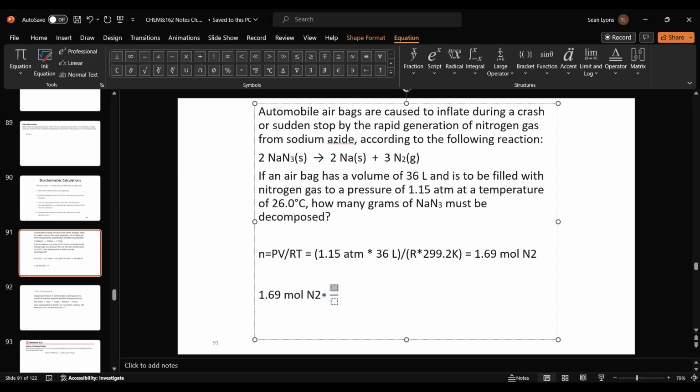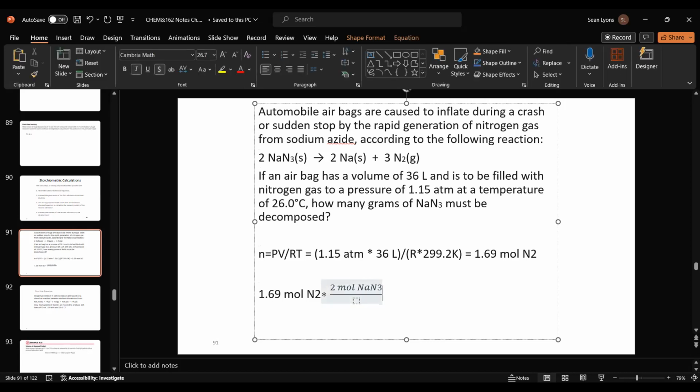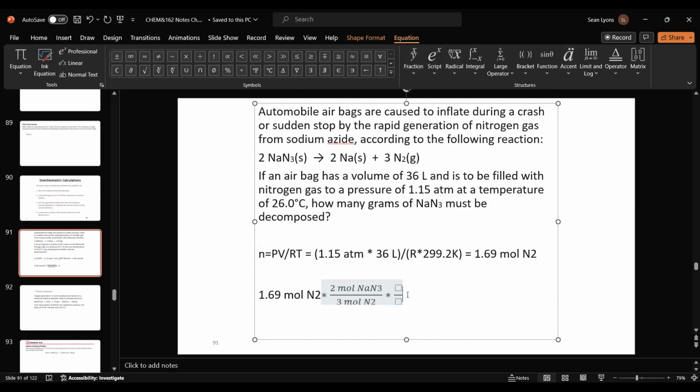And based on the chemical reaction, we get 2 moles of NaN3 for every 3 moles of N2. Insert another fraction.